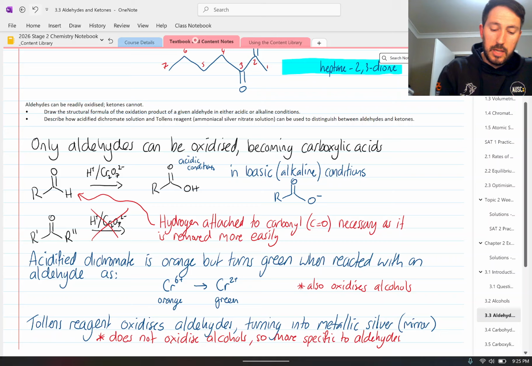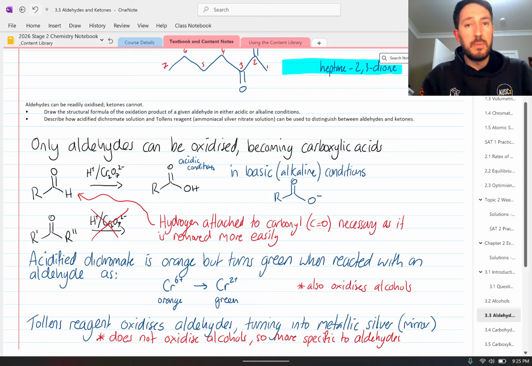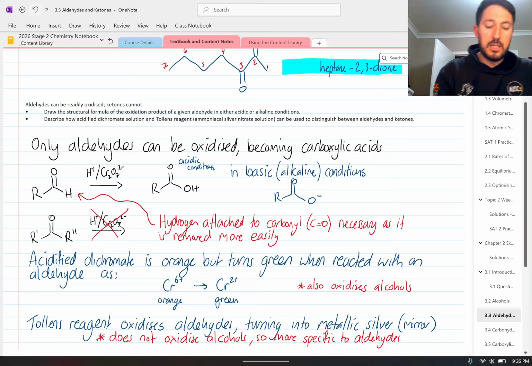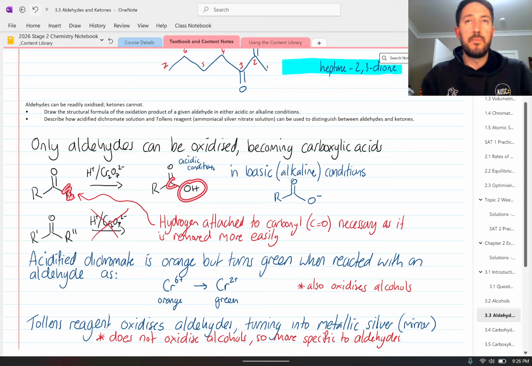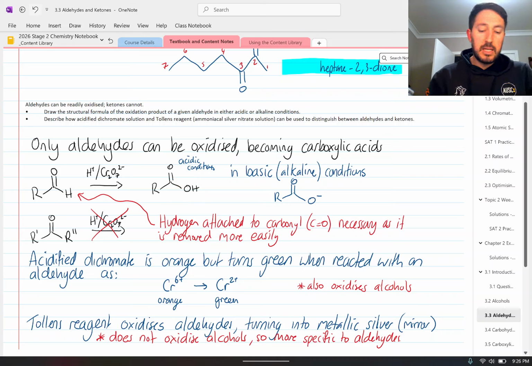In this particular case, we have OH being added. So essentially, we turn this aldehyde into a carboxylic acid, which is in 3.5, so we'll learn about it more then. Regardless, we've taken off this hydrogen and replaced it with an OH. Now, in acidic conditions, that's what we make our carboxylic acid.